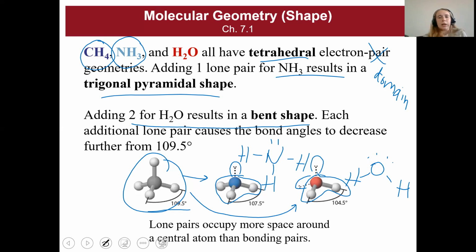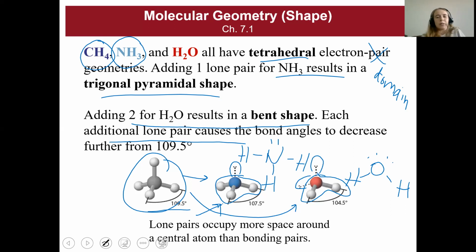And what happens is that when we add lone pairs, so not just we have a different molecular geometry than electron domain geometry, we also change the bond angles. They get slightly smaller than 109.5. When we added one lone pair to ammonia, we change the bond angle to 107.5.